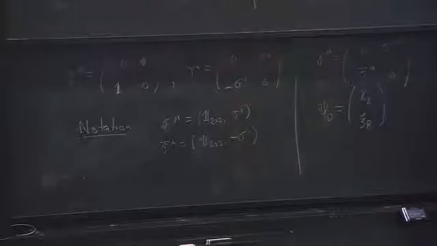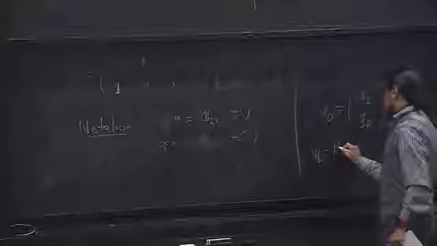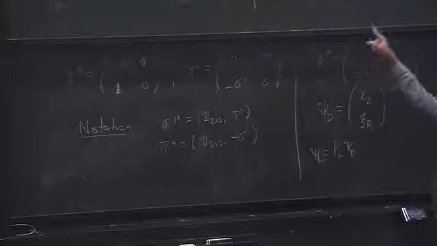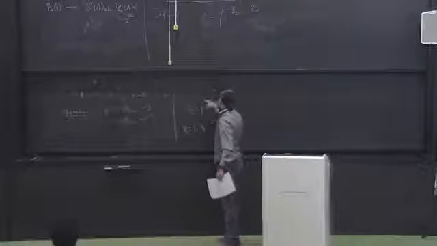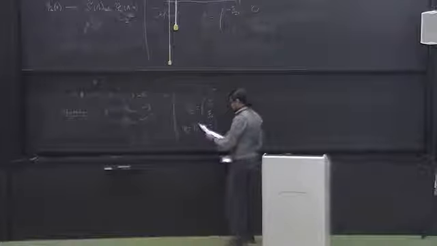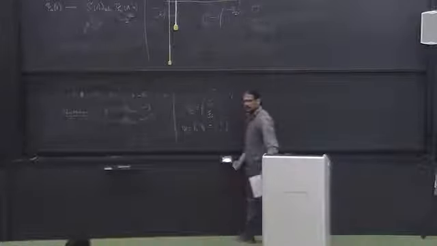What do I mean by that? Remember that we define psi_L to be P_L psi_D. So if you now plug in the explicit expression for gamma 5 in P_L, and if you plug in this, you basically get this thing, right?